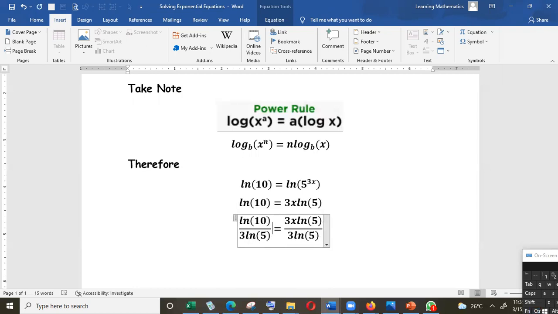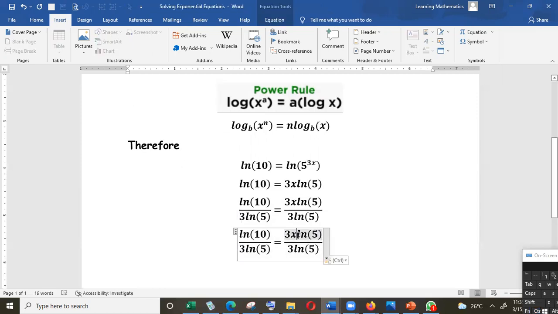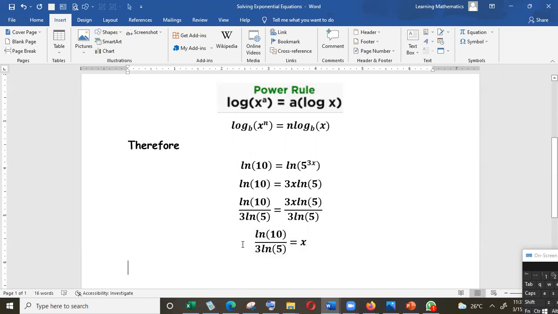Okay, 3 ln of 5 cancels out from the right side. And we just said x is equal to, and we can certainly find what ln of 10 divided by 3 ln of 5 is.